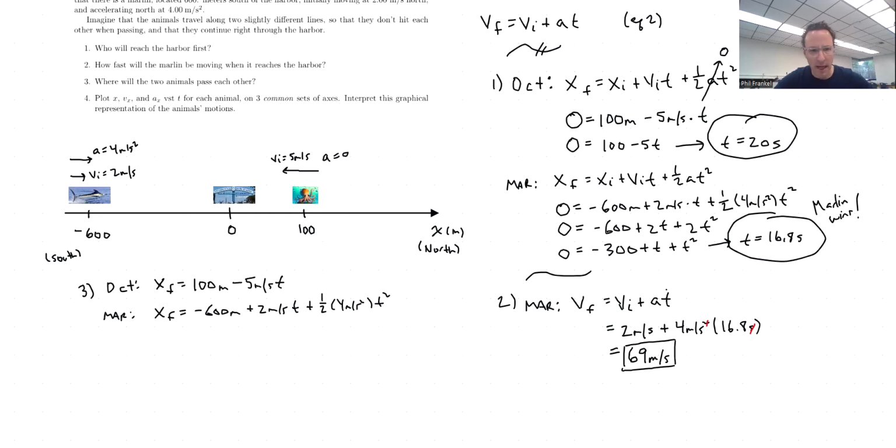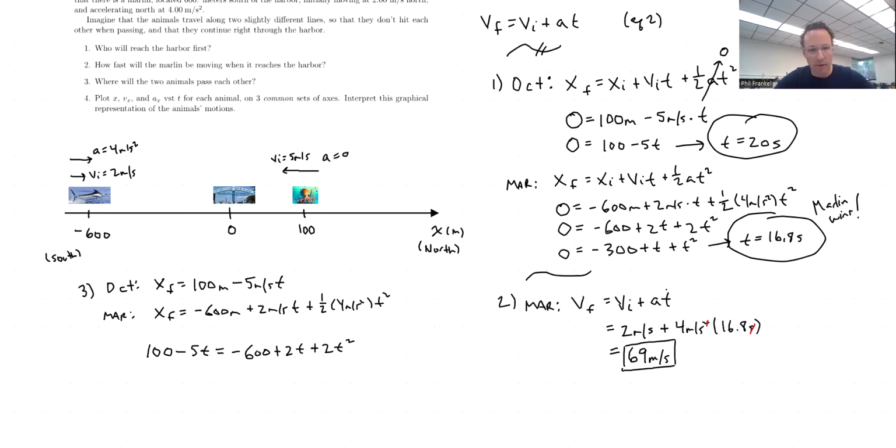Removing units, the octopus's final position is 100 minus 5t, and we're going to set that equal to the final position of the Marlin. Again, removing units is negative 600 plus 2t plus 1/2 times 4 is 2t squared.